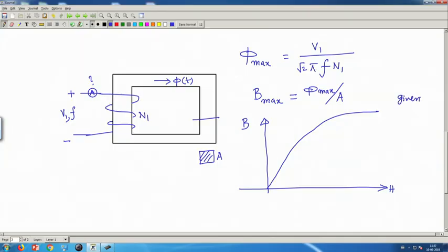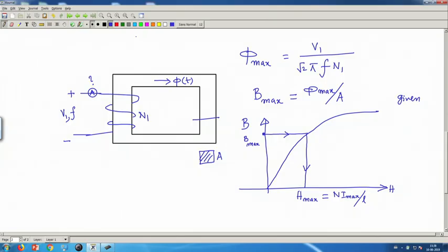Then I take this B max, come here, and corresponding to this B max, I note how much H is necessary; that I will call H max, and this is nothing but N I max by L. What is L?